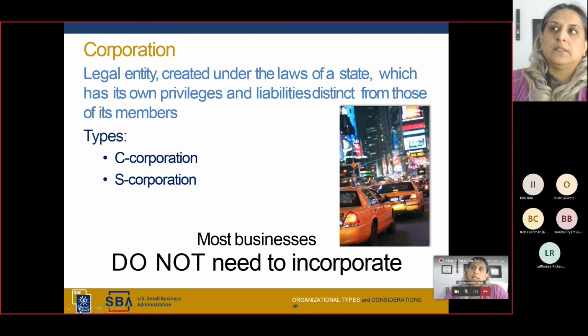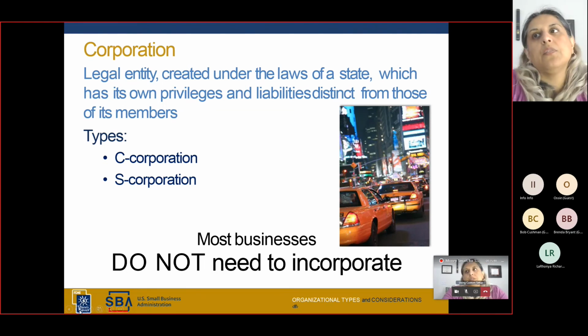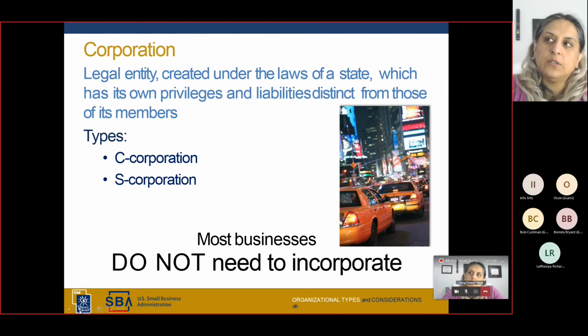Corporations are more complex than other business structures. There are potentially costly administrative fees to create and maintain corporations, as well as more complex tax and legal requirements. Most businesses do not need to incorporate. That's the big thing down there: most businesses do not need to incorporate.